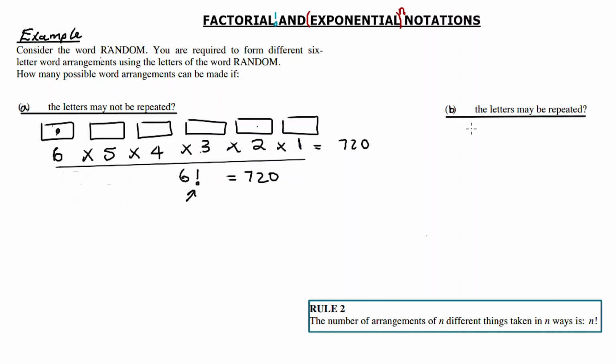Lama letters wethu. B, the letters may now be repeated. For example, 6 blocks again. Let's say ngifuna ukuqala ngo O nangapha ku second block I can have O. For the second letter word I can have abu A, I can have abu R, I can have abu N, I can have D, O, M, njalo njalo.